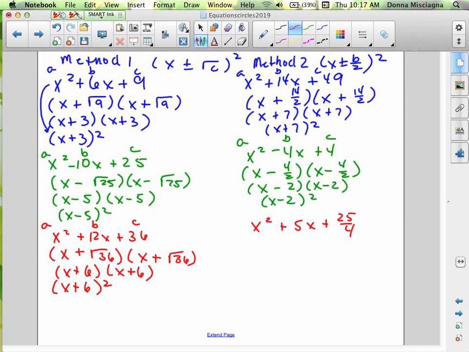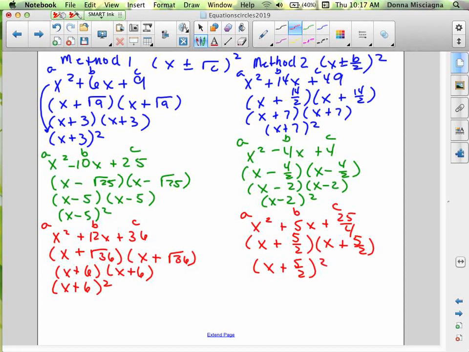So a is the coefficient on x squared, b is the coefficient on x, 5 there, and c is the constant term. So this is going to be x, b is positive, so it's going to be a plus, and then 5 divided by 2 times x plus 5 divided by 2. Now you can't really simplify 5 divided by 2. Don't write 2.5. Just leave it as 5 halves. So there's 2 of them. That's x plus 5 halves squared.